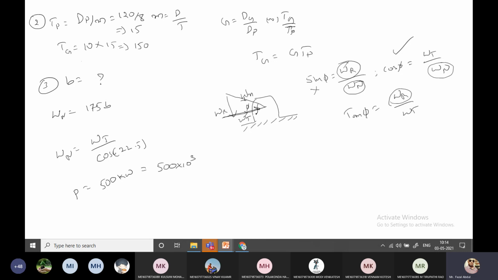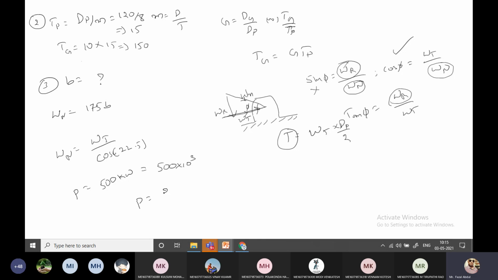The tangential load acts due to power, and due to this tangential load some torque is generated. The torque is Wt into dp by 2, applied on the pinion. This T we can get from the power relation.